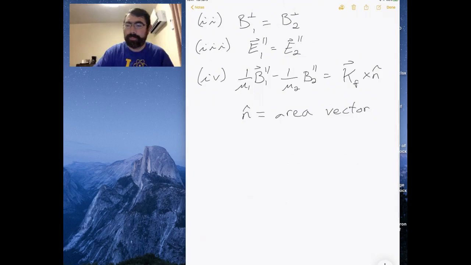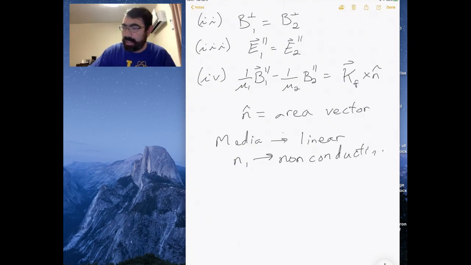Okay, so now let's put some conditions on this. Let's say that the media are linear. So we can make an assumption about the connection between the epsilons and the mu's, and we're also going to say that the medium N1 is non-conducting, and the other medium N2 is conducting.